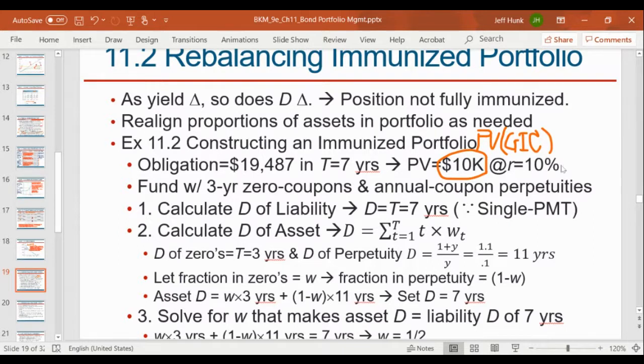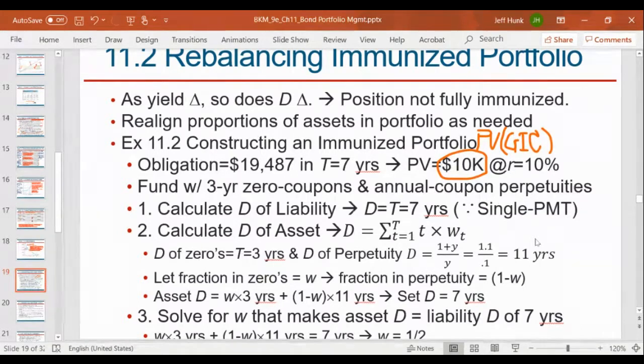And then how do you fund it? In other words, this is your client's fund, and you took the client's fund, and how would you match it? So you fund it with 3-year zero coupons and annual coupon perpetuities. With the $10,000 you buy 3-year zero coupons and annual coupon perpetuities.